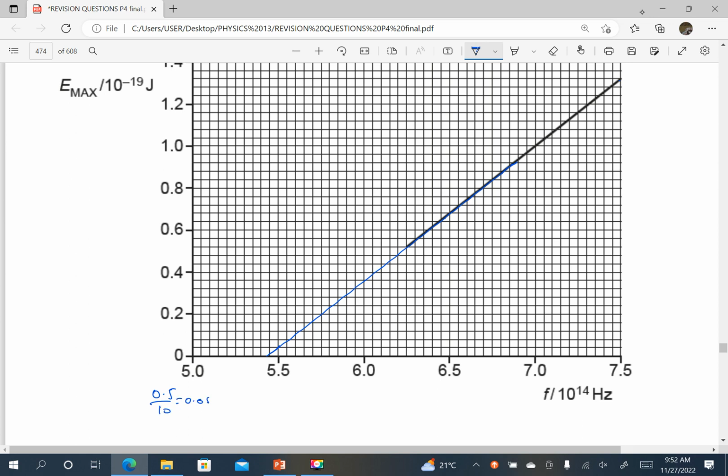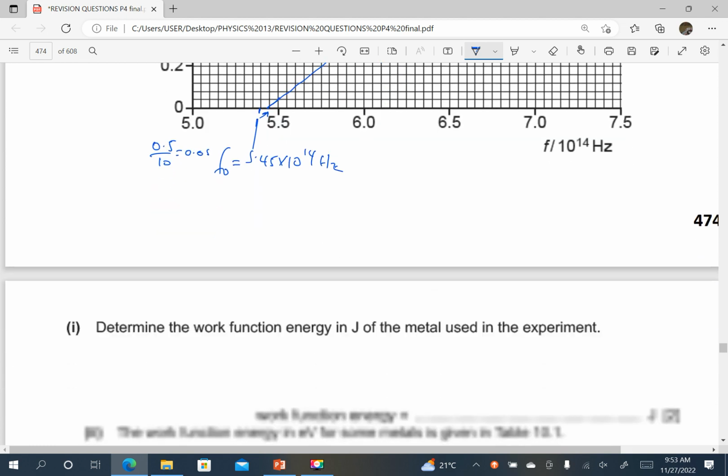So this is 5.45 because there are two small squares which make 0.1. So the reading there is 5.45 times 10 power 14 hertz. And this is going to be the threshold frequency, the frequency for which maximum kinetic energy is 0. That is going to be the threshold frequency.